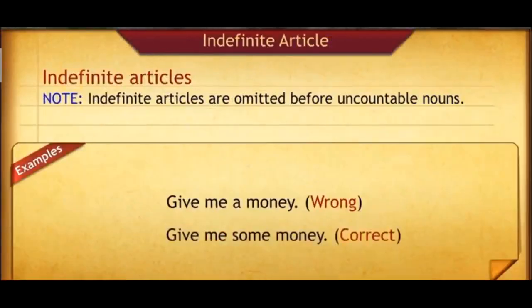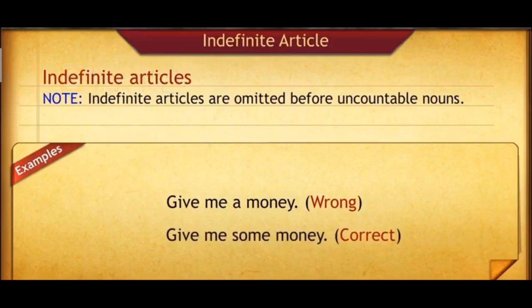Next one, there's a note: indefinite articles are omitted before uncountable nouns. I told you earlier, जिसको हम गिन नहीं सकते उस पे indefinite article नहीं लगता है, because we can use indefinite articles only on those terms or those words जिसको हम गिन सकते हैं. Okay, give me a money, it's completely wrong because money is uncountable.